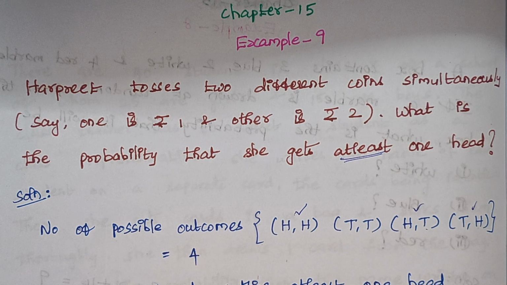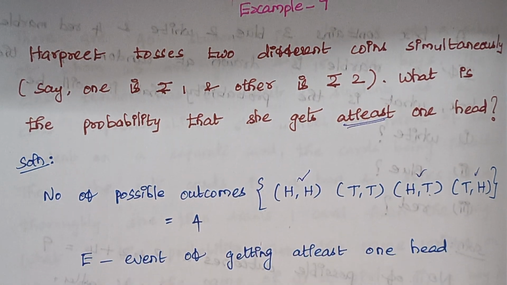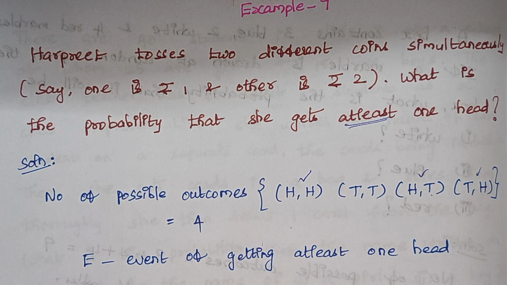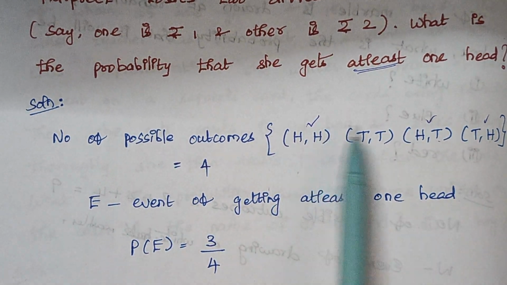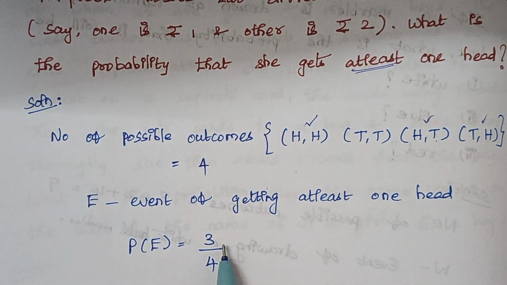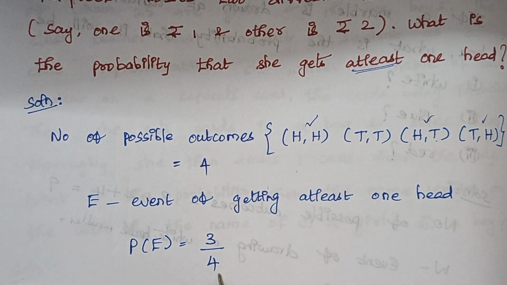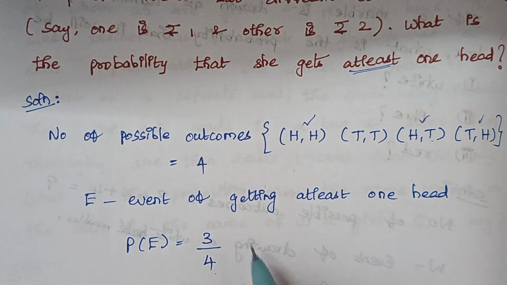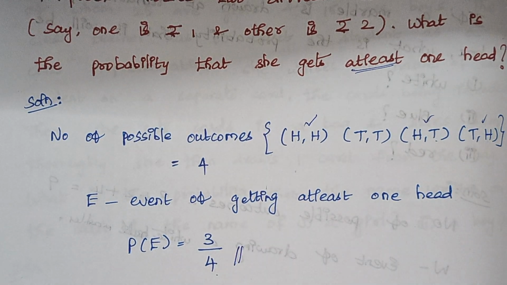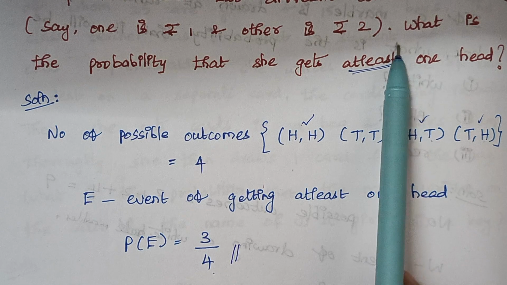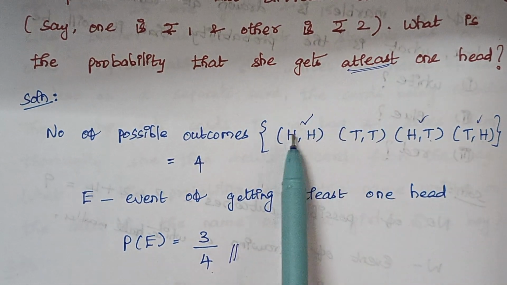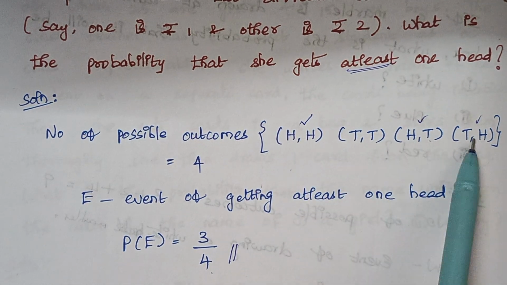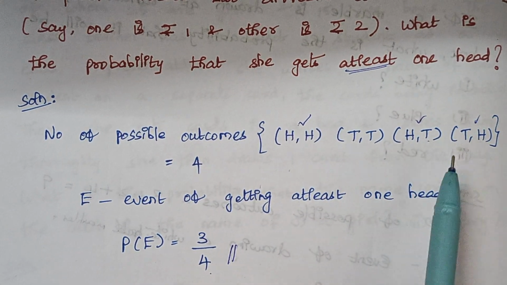Therefore, let E be the event of getting at least 1 head. What is the probability of E? Totally I have 3 options, so 3 divided by 4. This is the probability of getting at least 1 head. If the word at least were not here, and it said that she gets 1 head, then obviously we would have to omit this one and select only these 2. Am I making it clear here?